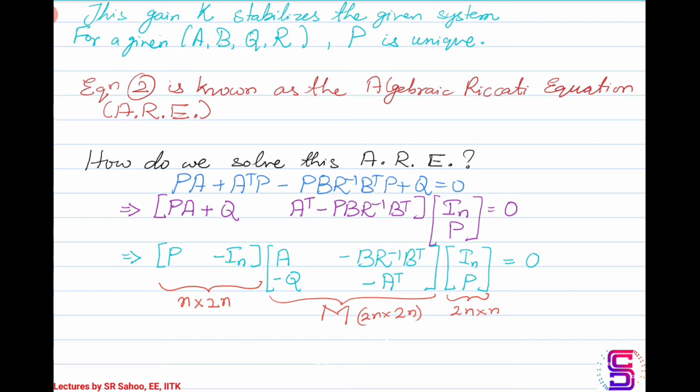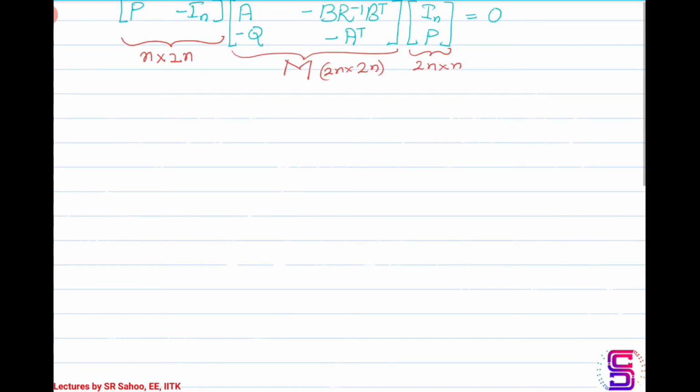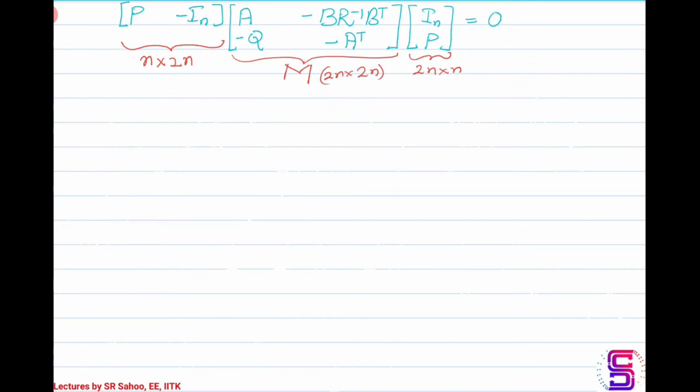Please note that the I_n here is denoting the n cross n identity matrix. Okay, now this 2n cross 2n matrix that has appeared here we'll denote as M, and so this is the equation that we have finally got by arranging the ARE and expressing it as a product of three matrices.